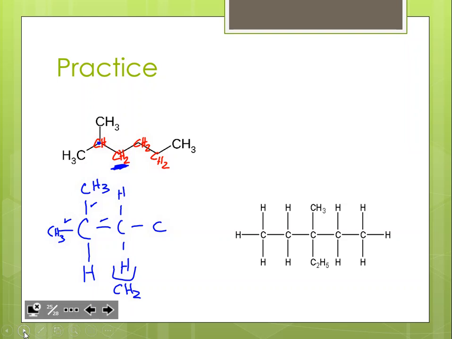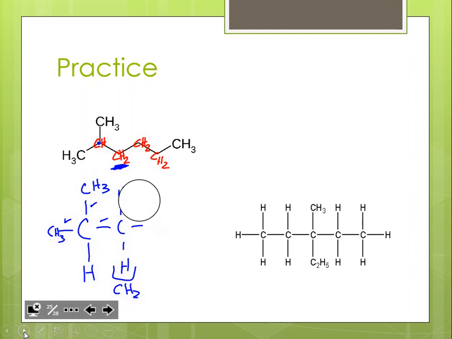You can do any particular way you like to draw them. But you can do the condensed structural formula one. I like that the best because that's the best way I do it. Drawing Lewis dot structures, though, gets very long because you have to do every single H on it with the dashes and everything, with the lines. So I would stick to either doing the stick drawings or the condensed structural formula.